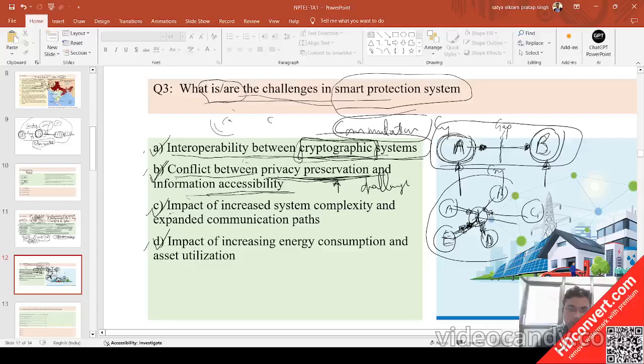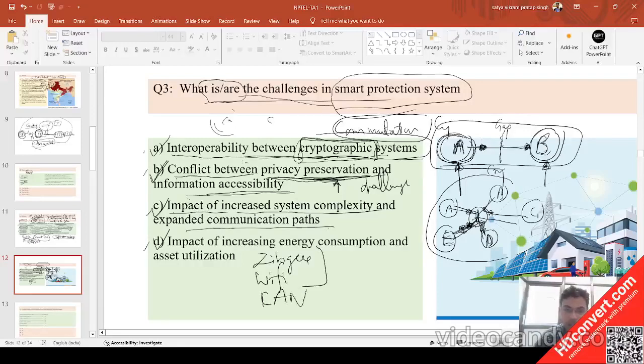Coming to C, the impact of increased system complexity and expanded communication paths. Why am I saying this? Because there are certain communication mechanisms: Zigbee, Wi-Fi, which are low range devices, and CAN communication.